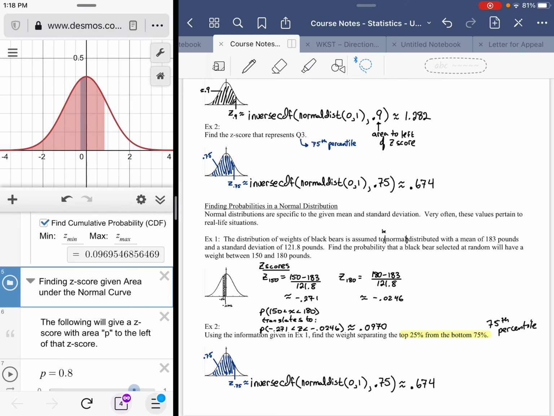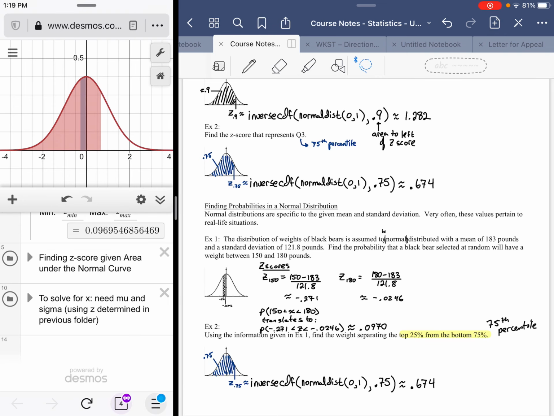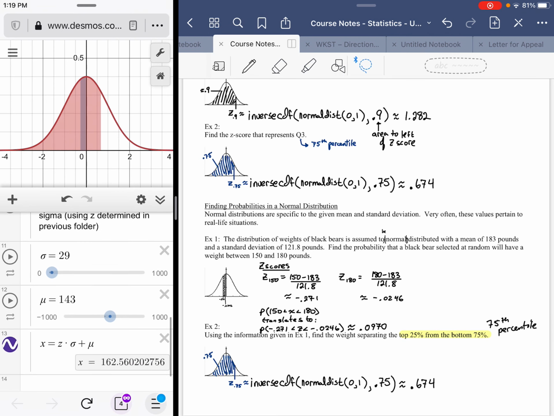All right, so in this folder here, if we set that up to 0.75, it keeps moving on me. All right, there we go. So I set that back up to what it ought to be. So that's in the second folder. Tell the calculator what sigma is. If you can get there with a slider, by all means, but it's a decimal value, so it might be a little tricky.